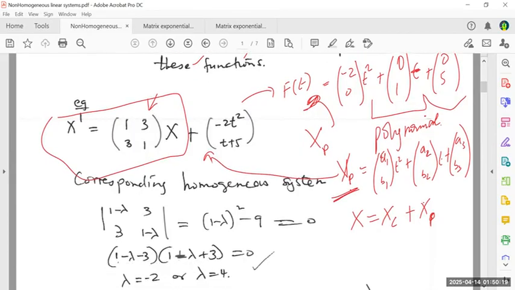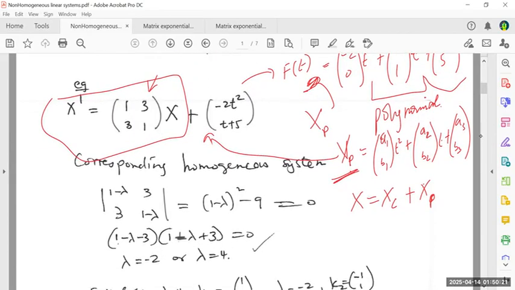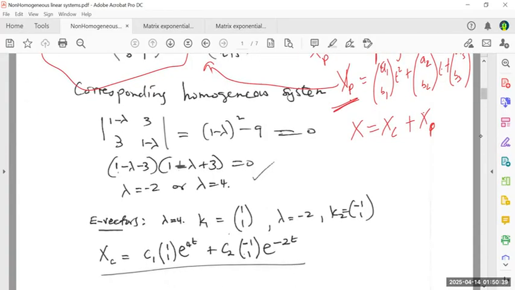Right. So let's see how this works out. We have the associated homogeneous system, and we are solving it. So we just go for the coefficient matrix and find the determinant of A minus lambda I, and we get a case of distinct eigenvalues.